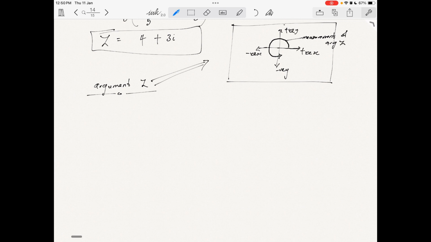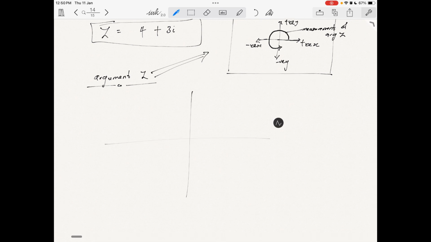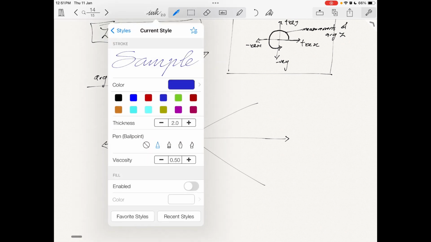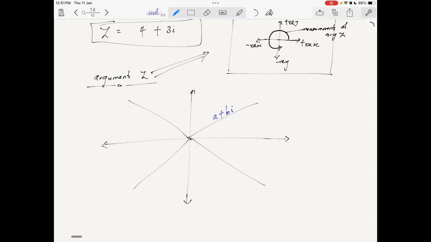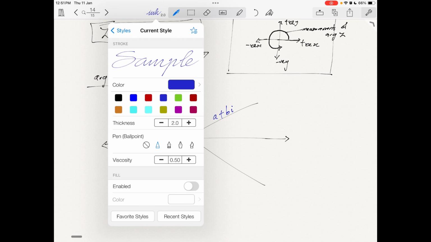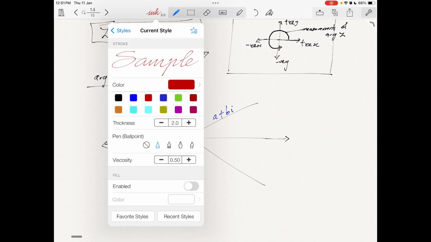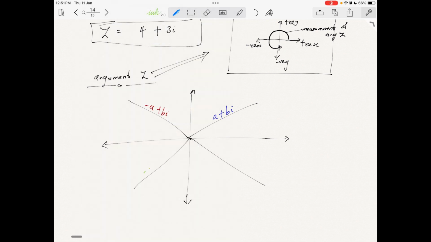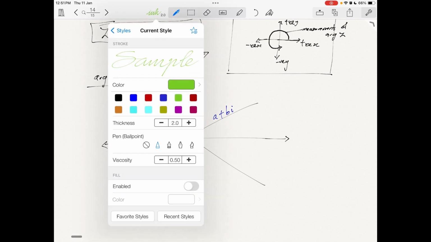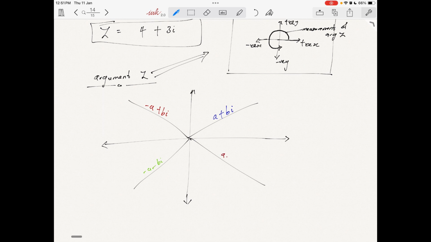Now in that case, let's do a bit of analysis, because if we have Cartesian planes or polar form in an Argand diagram, in this format 1, 2, 3, and 4, we can call this one a plus bi, and we can call this one minus a plus bi, and this one minus a minus bi, and finally this one a minus bi.